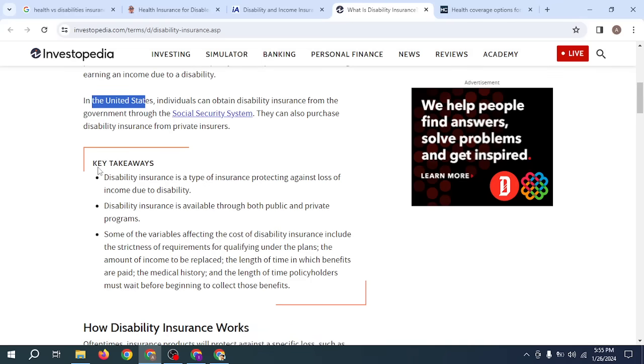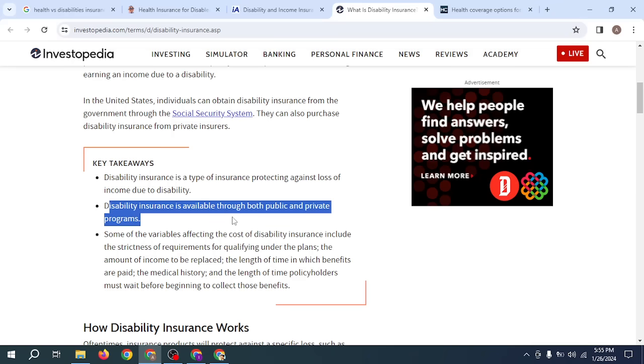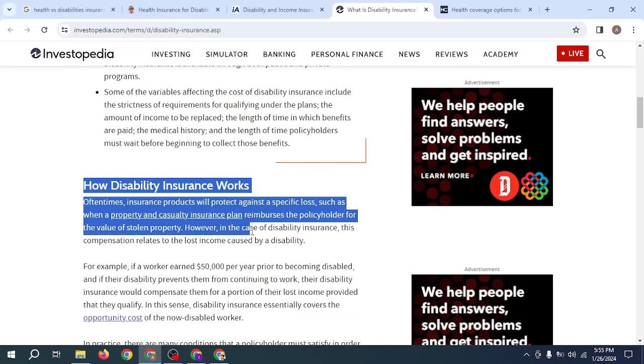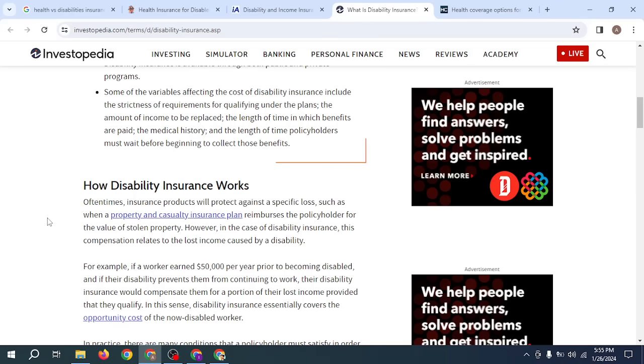Key takeaways: disability insurance is a type of insurance protecting against loss of income due to disabilities, and it is available through both public and private programs. So how does disability insurance work?